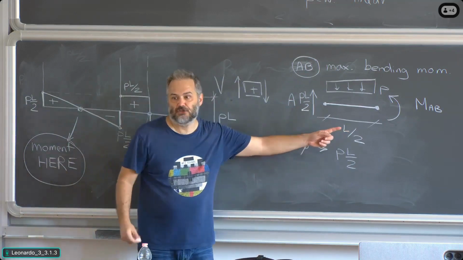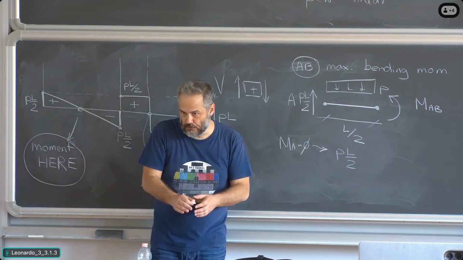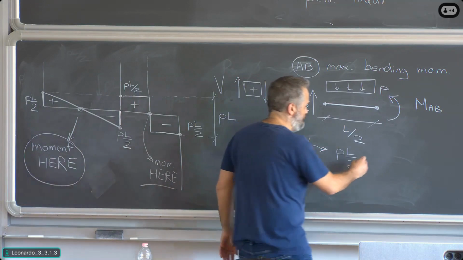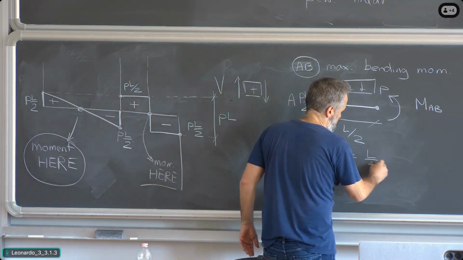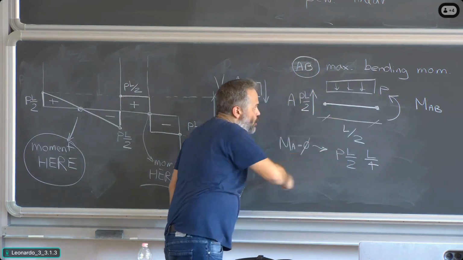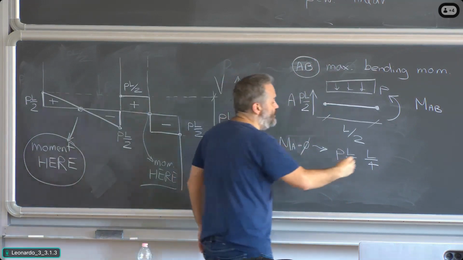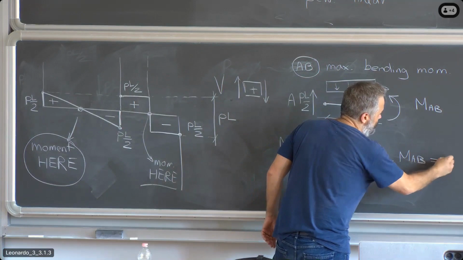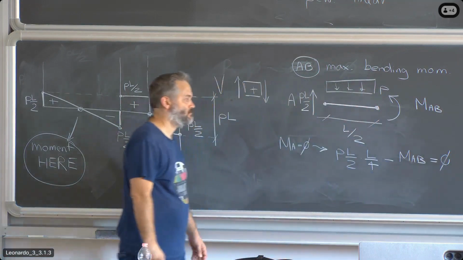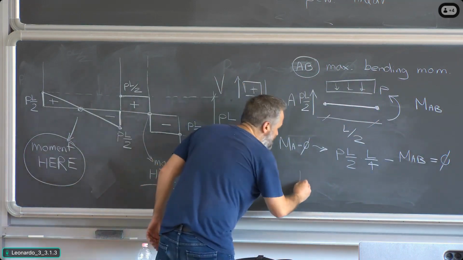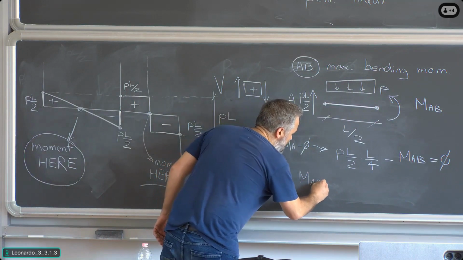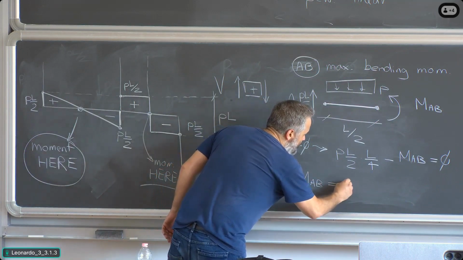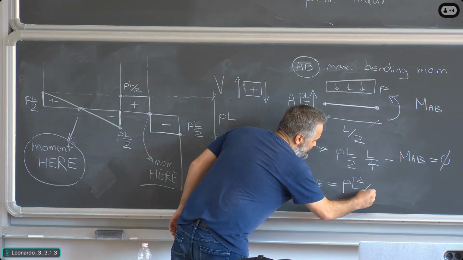L divided by 2 divided by 2, which means L divided by 4. And this is clockwise. And then we have minus MAB equal 0, which immediately leads you to MAB equal to PL squared divided by 8.